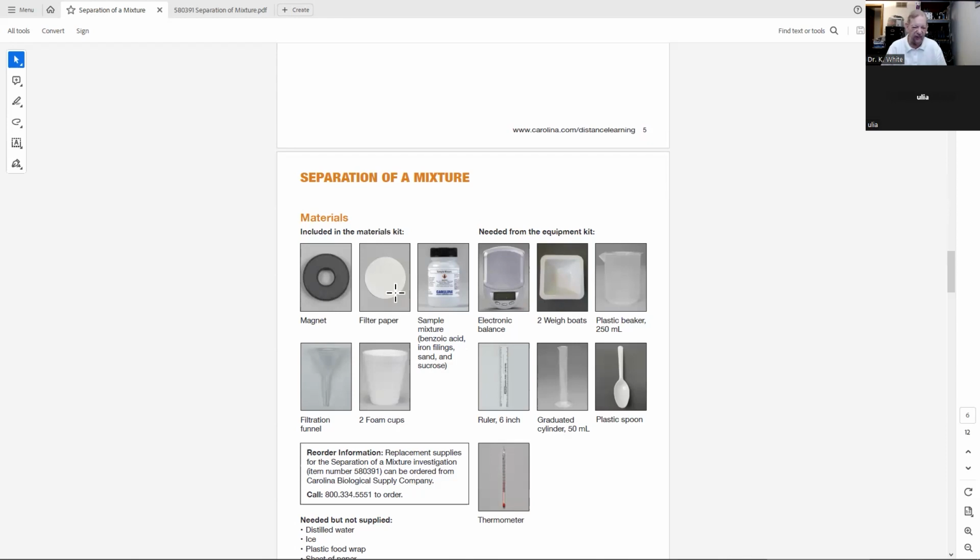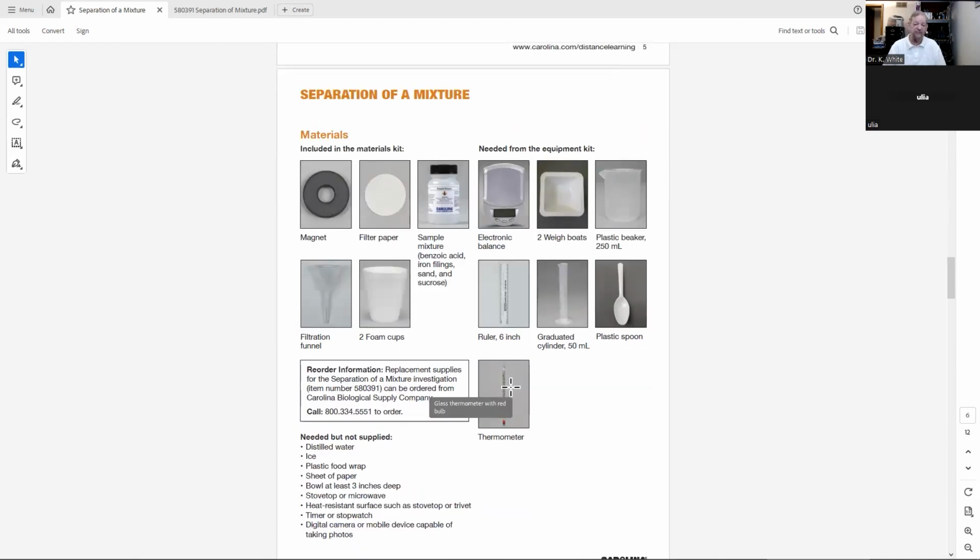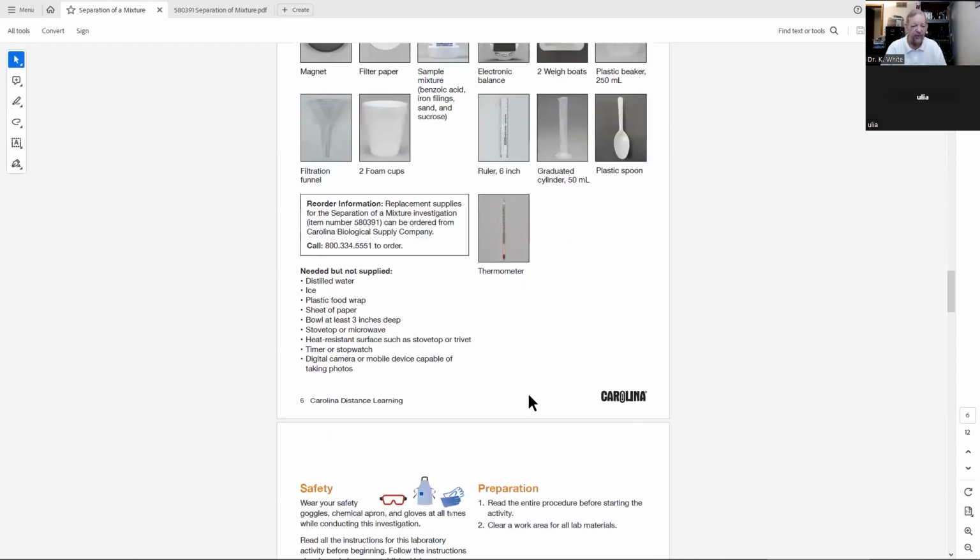Now you'll have filter paper, you'll have a bottle which has the sample mixture, your plastic spoon, and your thermometer. Now, they say use distilled water, you can use tap water. You need some ice, you'll need some plastic wrap, a small piece, a small bowl, or you can use one of those Ziploc square containers, food containers.